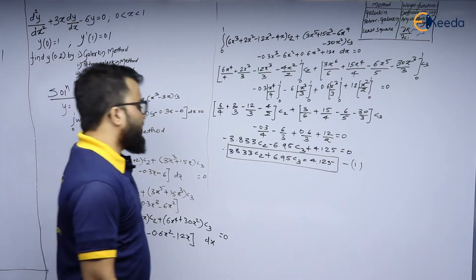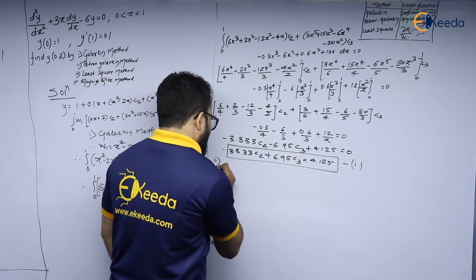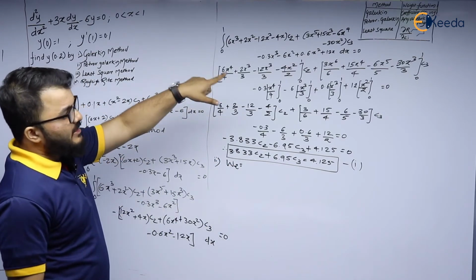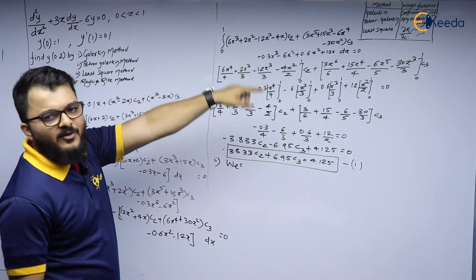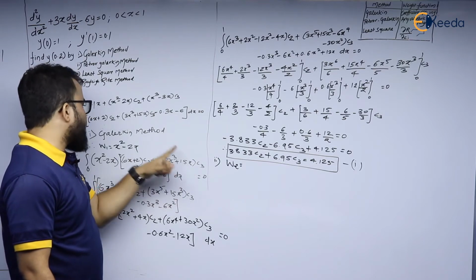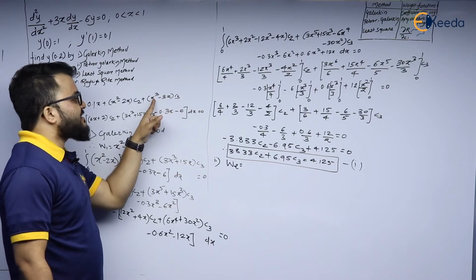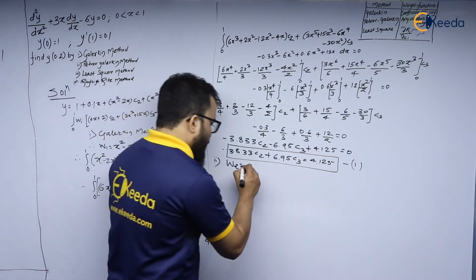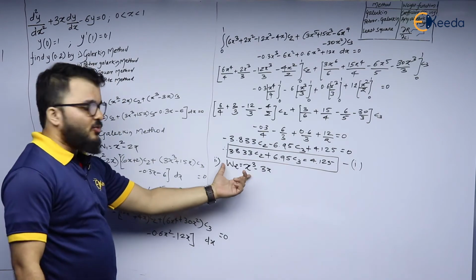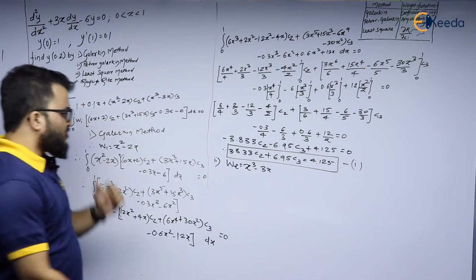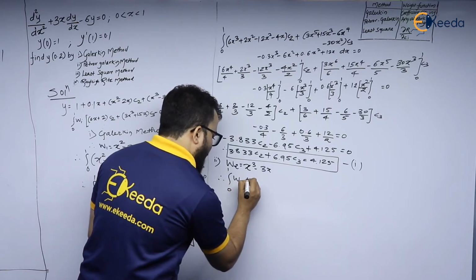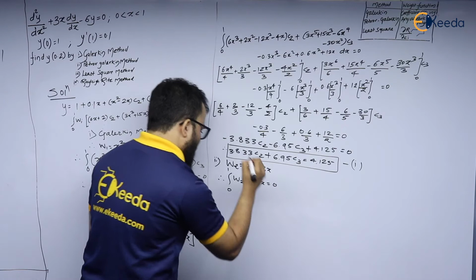Similarly, we will put weighted function 2. So step number 2, W2 is equals to, now my weight function for Galerkin method is the coefficient of Ci in Y. I solved for C2, now I will solve for C3. So the coefficient of C3 is x cube minus 3x, so my W2 will be x cube minus 3x. Now I will put this W2 in this residue equation. So that becomes integral 0 to 1 of W2 R dx is equals to 0.